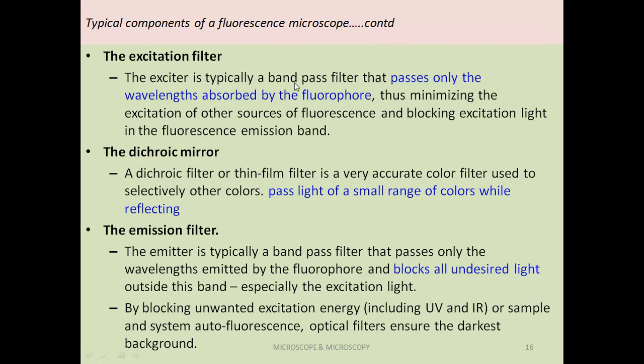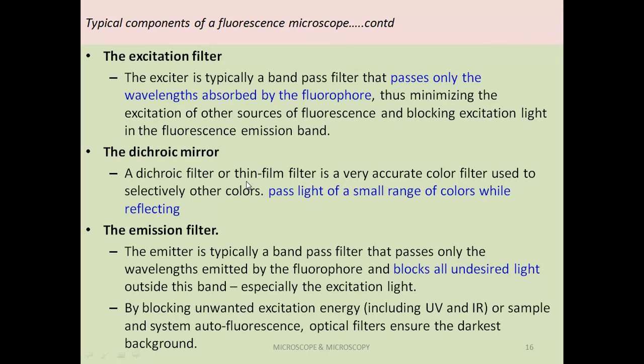Basically, it blocks out all the light except blue light. The dichroic mirror is a thin film, an accurate color filter used to selectively pass light of a small range of colors while reflecting others. So it basically reflects the dye's excitation beam of light.